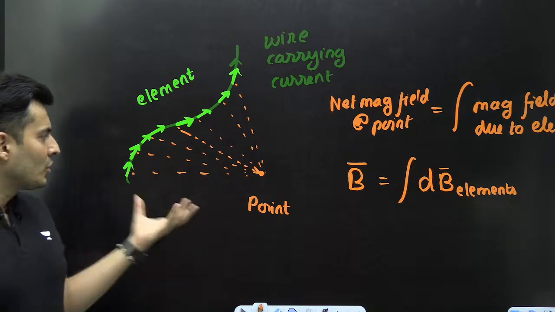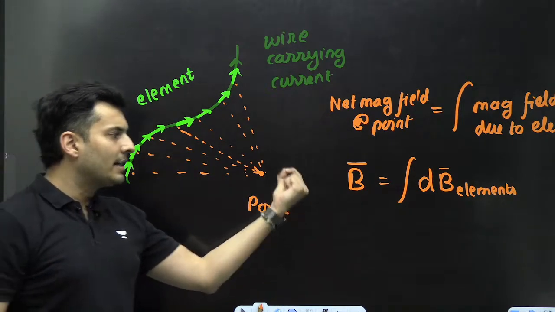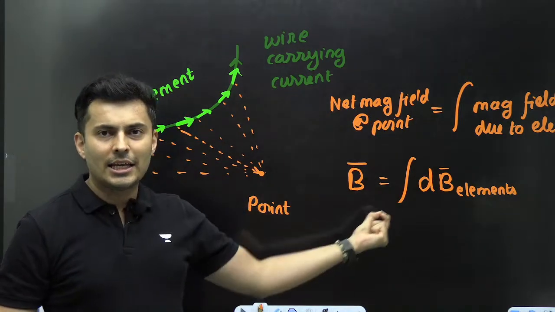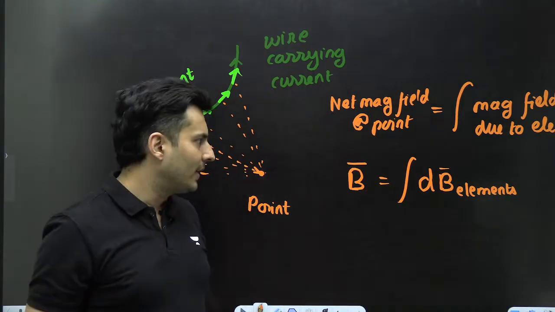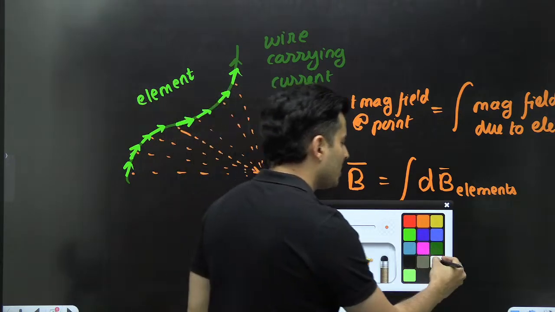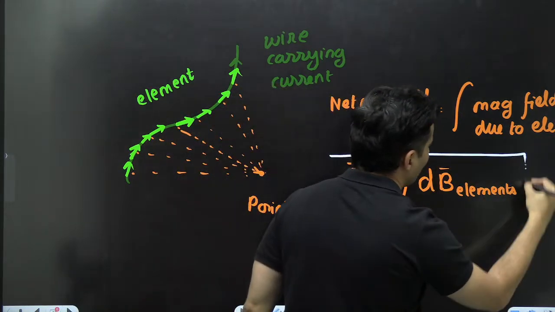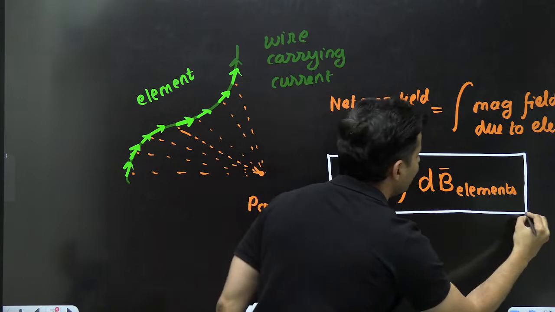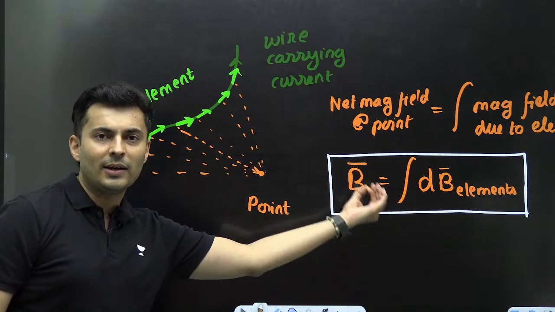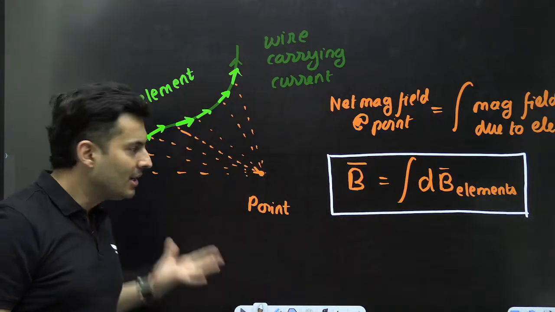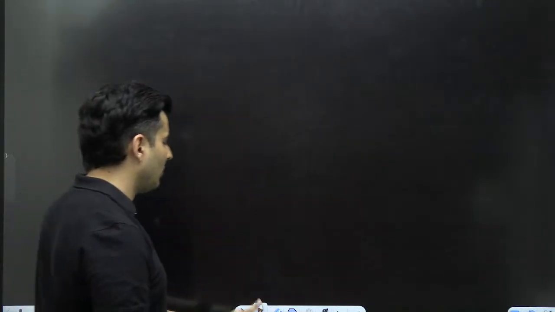Everyone with me? So each element creates a magnetic field, then I can get the total magnetic field by integrating or combining all their effects. Now the question in your mind will be, how much is this small magnetic field, that small dB? Because if I know dB, I can integrate to find B. So let's see that formula given by Biot-Savart.